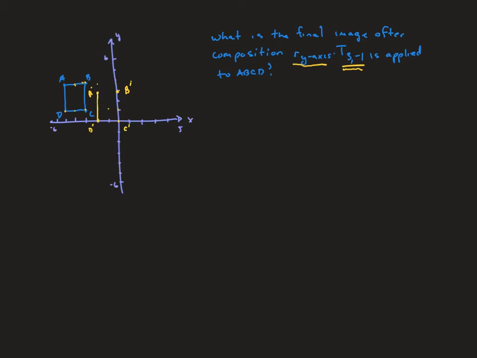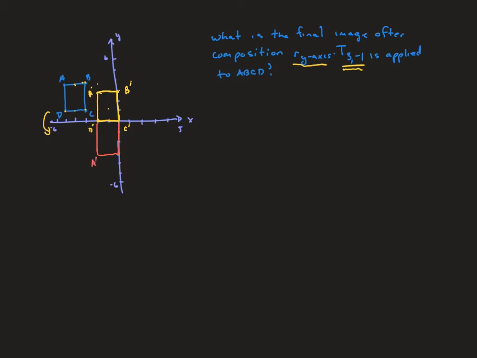So here is my first translation of my combination. Now what I want to do is rotate over the y-axis. Rotating over the y-axis would be flipping it this way. So it turns out that this would turn out like this.